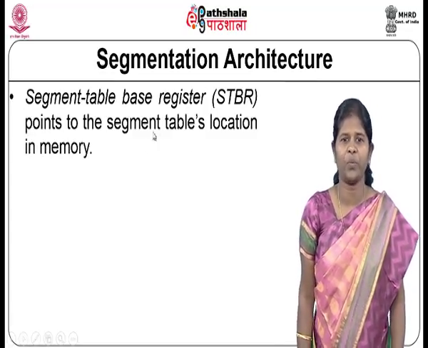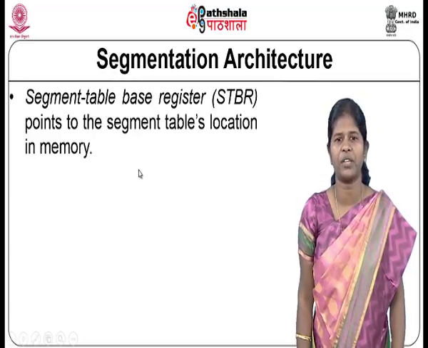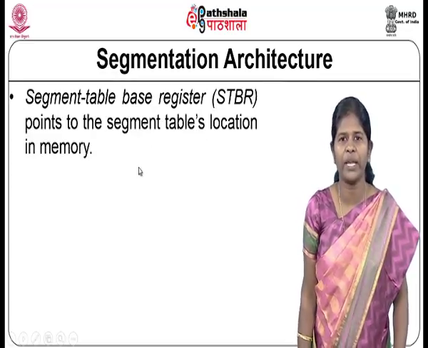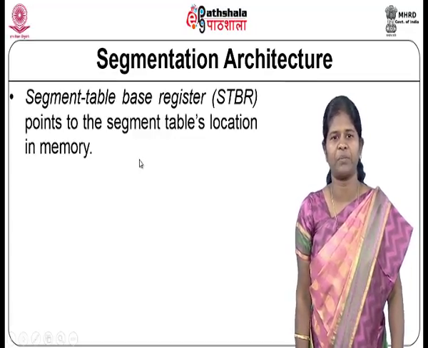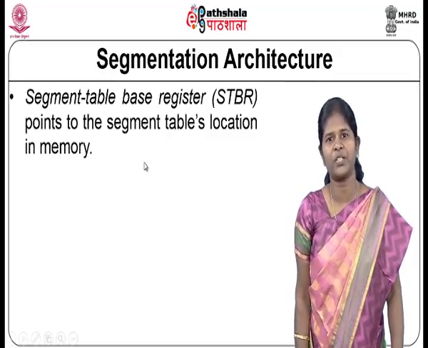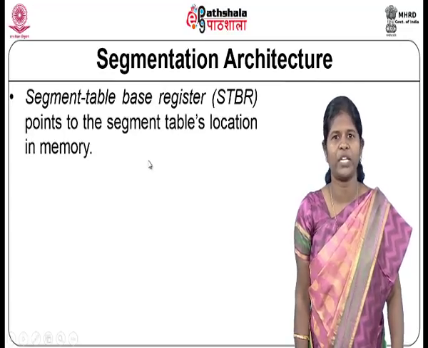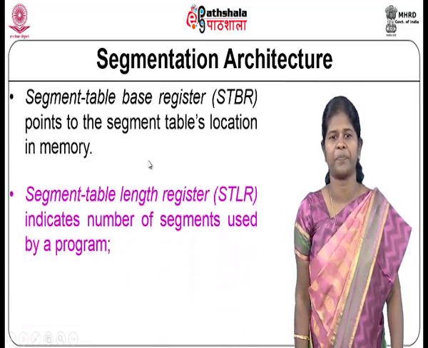So, the location where the segment table is kept in the main memory is stored in a register called the segment table base register. Its contents are taken to access the segment table in the main memory, and then you find the base and limit from the entry in the segment table.